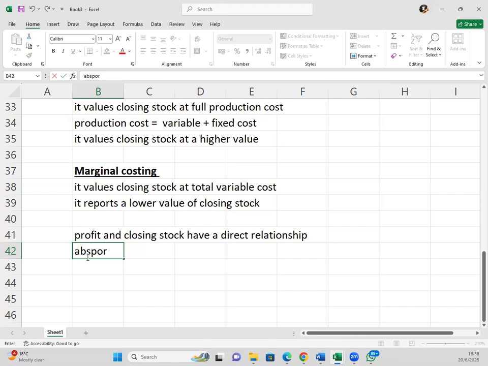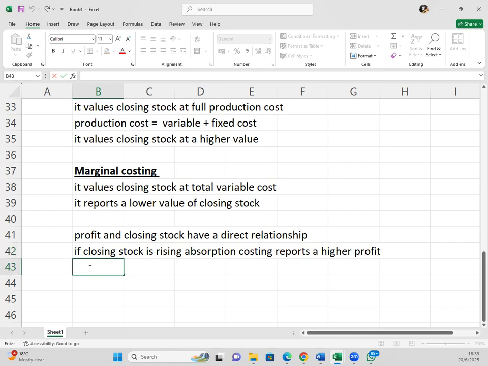Or we can say, if closing stock is rising, comparing opening and closing stock, absorption costing reports a higher profit.